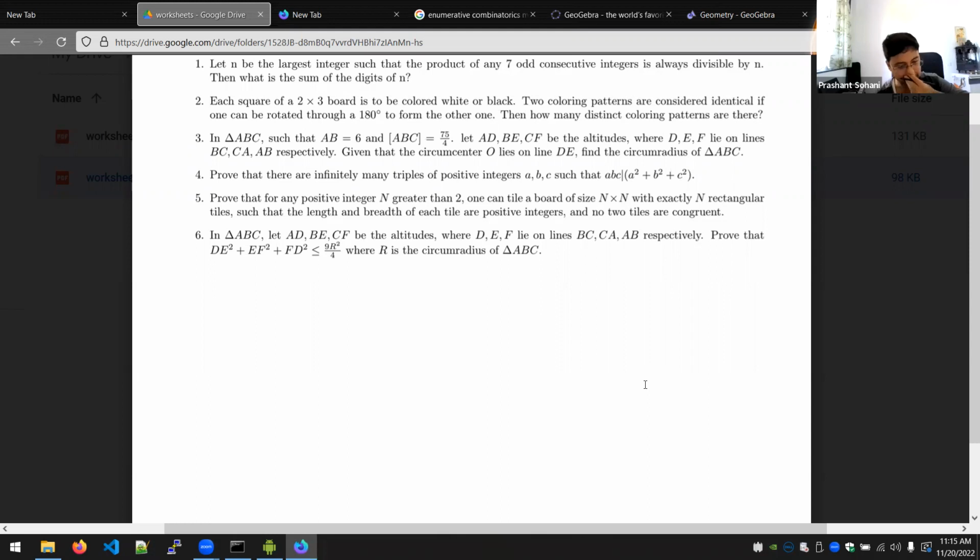Not necessarily, actually. Ultimately, you have to choose some set of independent variables. If you want, you can choose the side lengths of ABC and express everything in terms of that. But that can be unnecessarily complicated, right? Even in this question, if you decide that you don't want capital R in your problem, and you write everything in terms of the side lengths of ABC, the expression of capital R is so complicated.